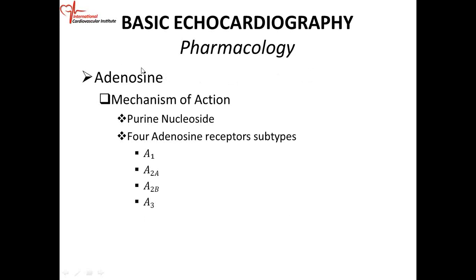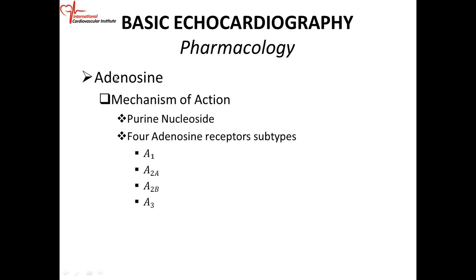Again, as we mentioned, the effect of persantin is really adenosine because it blocks the reuptake of adenosine. So if you know the effect of adenosine, you essentially know the effect of persantin. The essential difference between giving persantin and adenosine in your stress test is that the effects of adenosine last a few seconds, whereas persantin is much longer acting.